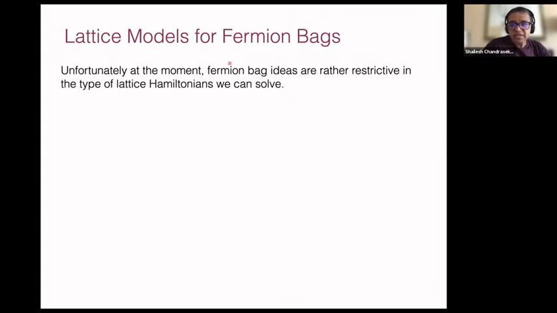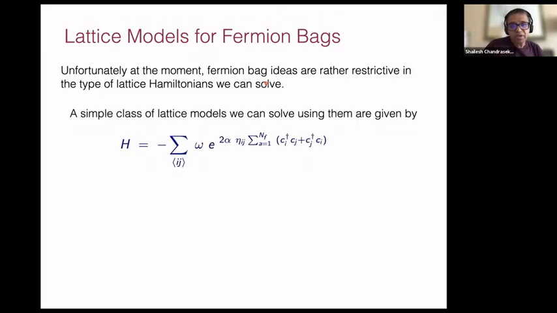That goes with this idea of efficiency. So you have to write down models which are naturally encoded in variables such that you get space-time regions, which we call fermion bags. And these fermion bags are then easy to update. So an interesting class of models that we can do calculations with are of this type.